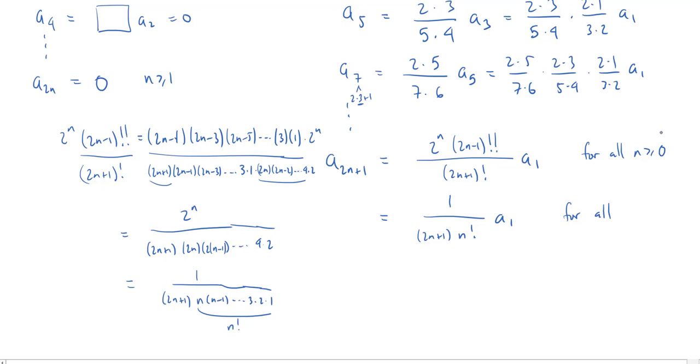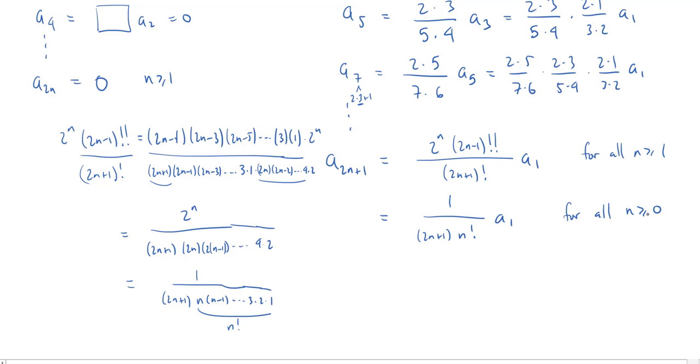Actually, it's a little bit funky when we do the 0 case here because we'd end up with -1 double factorial, which for the purposes of this argument, I guess we would probably want to not handle. However, in the special case now where n is 0, we get 1 over 1 times 1 factorial times a1, which, well, that is the n equals 0 case, right? We get a1. So this now works actually for n greater than or equal to 0.